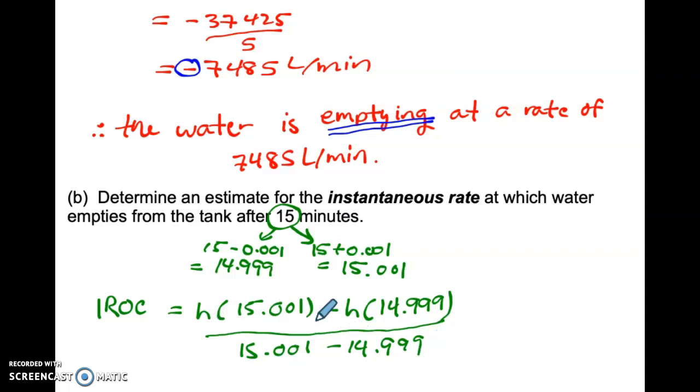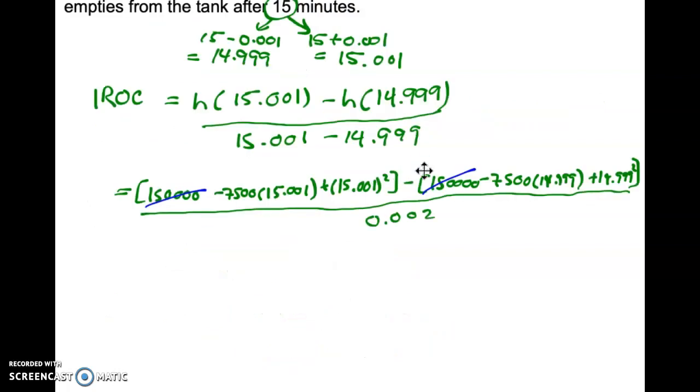So take a minute, find those two H values, plug in the numbers, and then see what you get. Okay, so there it is with everything filled in. And if we worked this out, you would get negative 7,470, once again, liters per minute. So therefore, at 15 minutes, the water is emptying at a rate of 7,470 liters per minute.